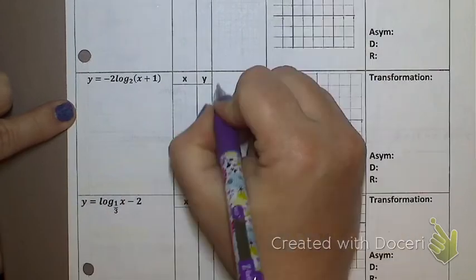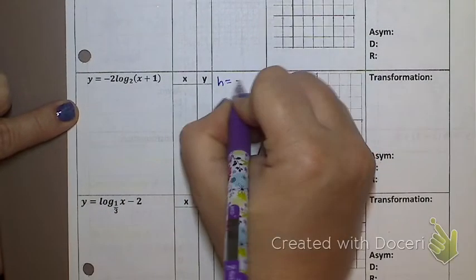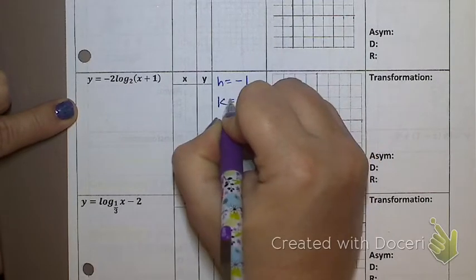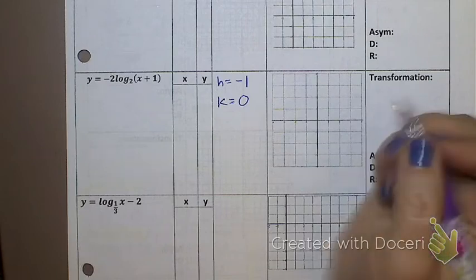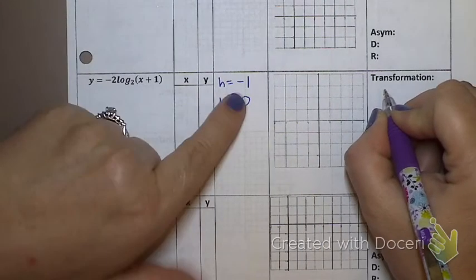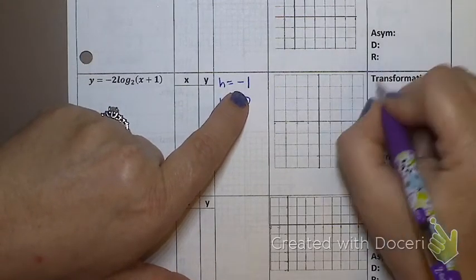Now let's go down to this guy. What is my h value? -1. What is my k value? 0. Now, let's talk about our transformation before I go any further. If I have an h value of -1, what does that mean as far as the transformation?